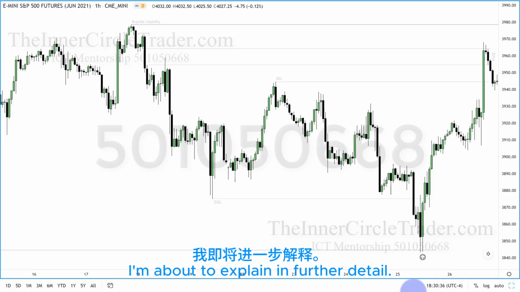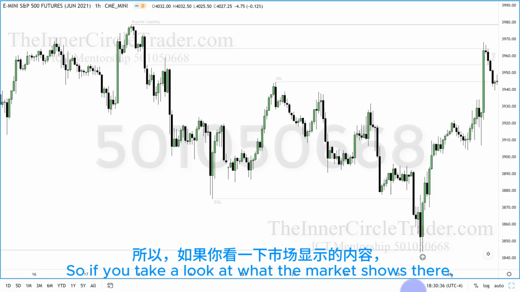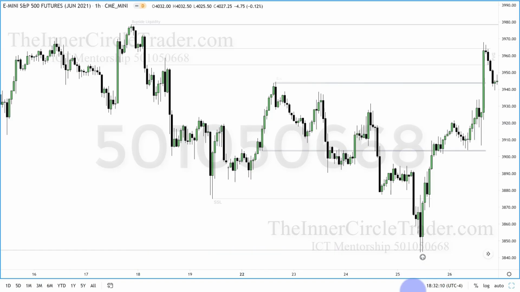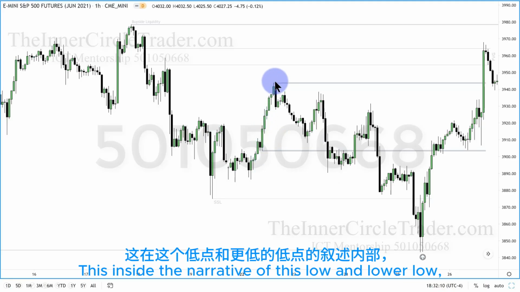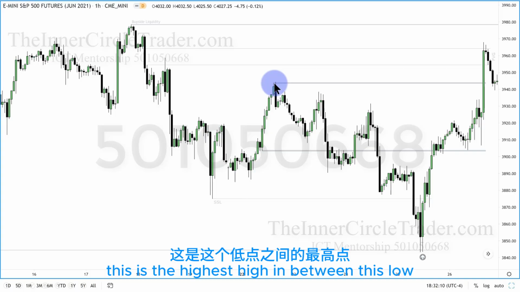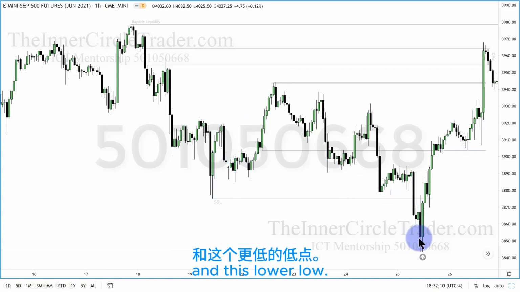Okay, if you haven't paused, I'm about to explain in further detail. If you take a look at what the market shows there, you have all these consecutive up close candles. This is inside the narrative of this low and lower low. This is the highest high in between this low and this lower low.